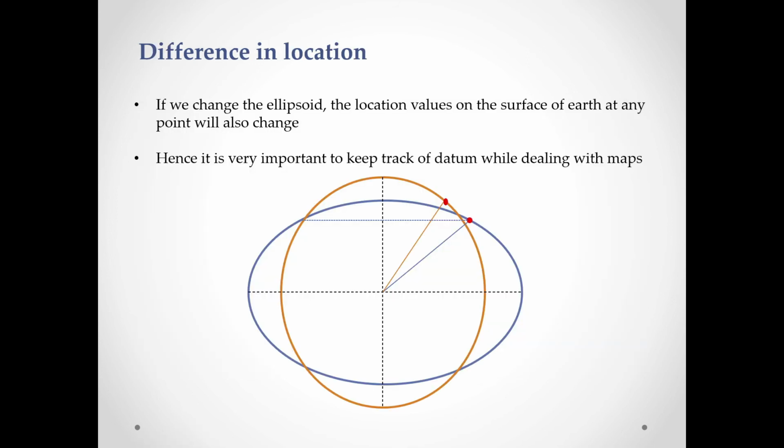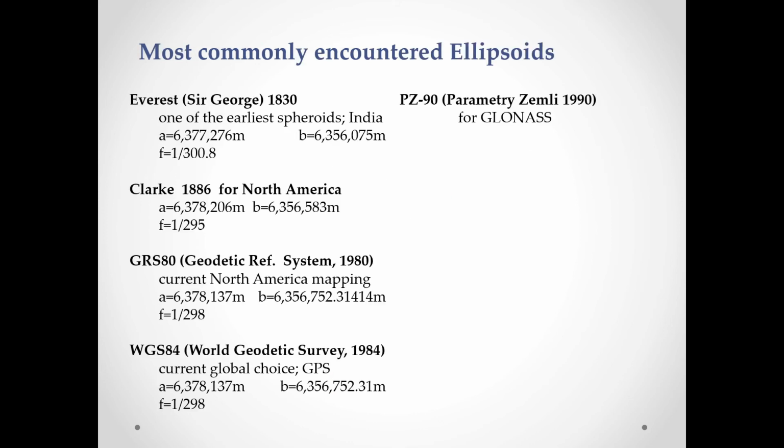Difference in location: if we change the ellipsoid, the location values on the surface of the Earth at any point will also change. Hence, it is very important to keep track of datum while dealing with maps. Most commonly encountered ellipsoids: the first one is the Everest Sarjas 1830, one of the earliest spheroids in India.